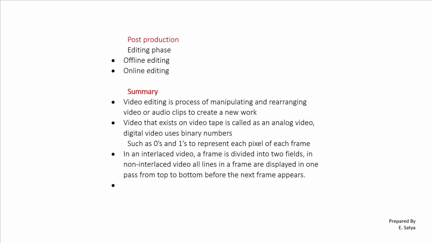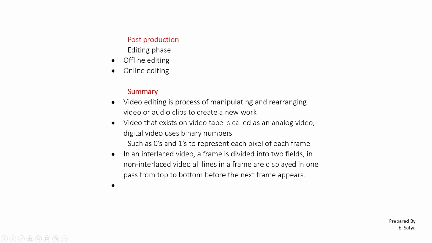In summary, video editing is a process of manipulating and rearranging video or audio clips to create a new look, right? Actually, in video editing, we manipulate different clips, different parts, different shots. We arrange them, add some effects, and create a new work with a new look.